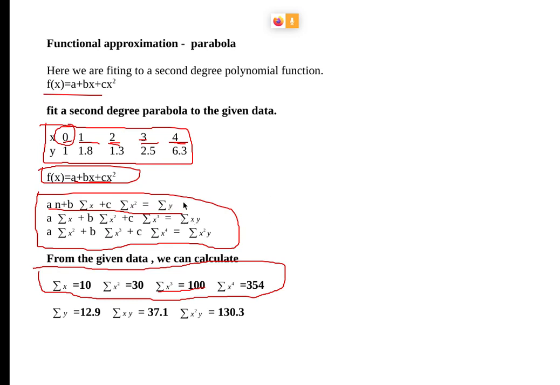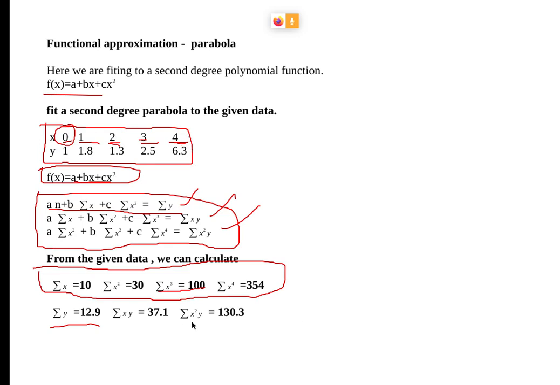Then we need to calculate sigma y, sigma xy and sigma x square y. Sigma y is the sum of all y terms, and sigma xy is the sum of the product of x and y: 0 into 1 plus 1 into 1.8 plus 2 into 1.3 plus 3 into 2.5 plus 4 into 6.3.